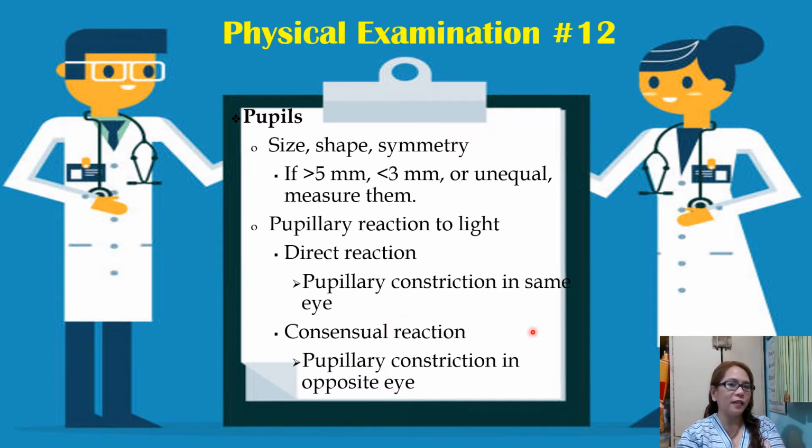Diba yung pinakita natin in the previous video when the light is detected by the retina on the left eye, so parehong nagko-constrict ang pupil ng both eyes. So that is called direct reaction. On the other hand, consensual reaction is the pupillary constriction in the opposite eye. So yun yung tawag doon sa opposite eye.